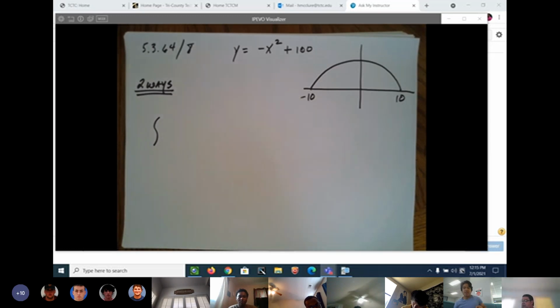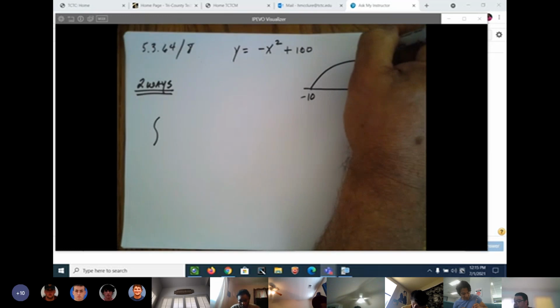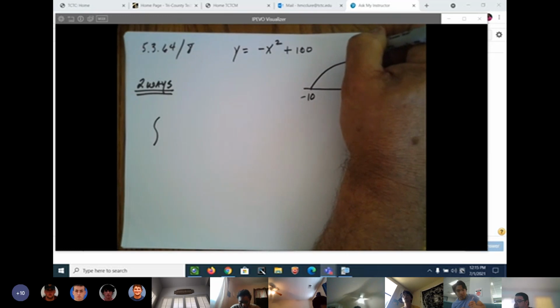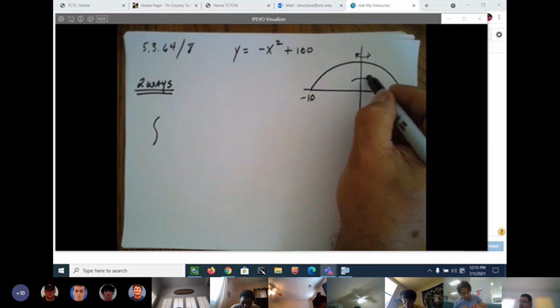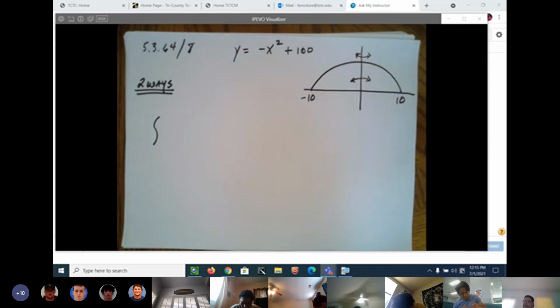It is symmetrical around the y-axis. This is a mirror image of this. So when you have symmetry, there's two ways to do the problem. Now, does that knock some cobwebs loose? What would be the two ways?